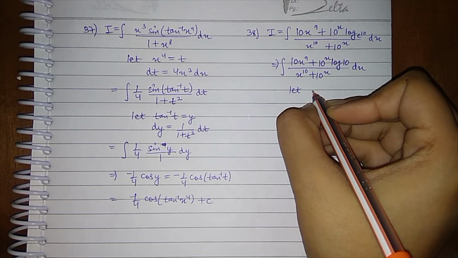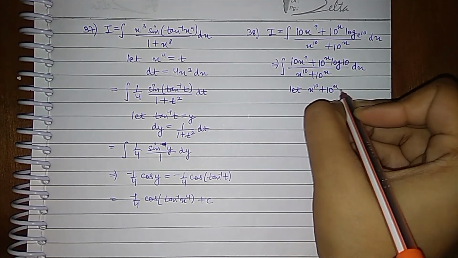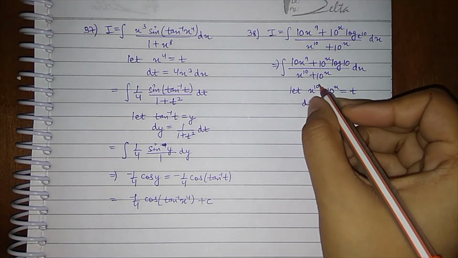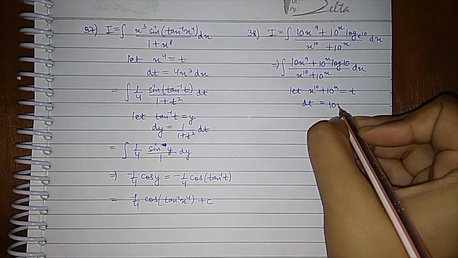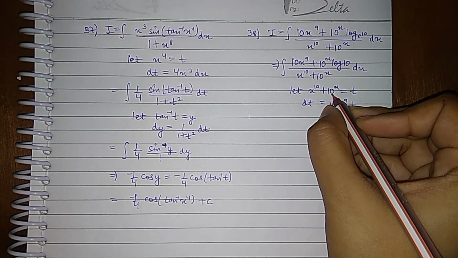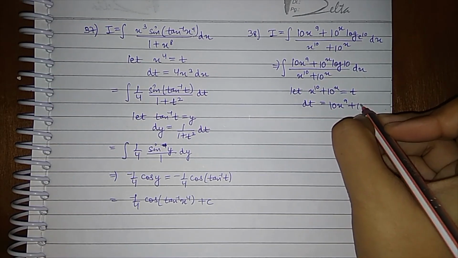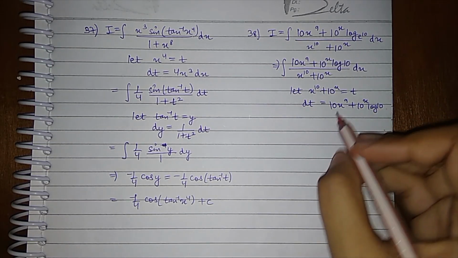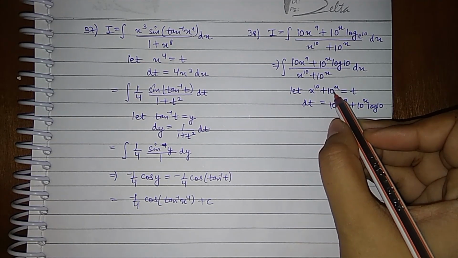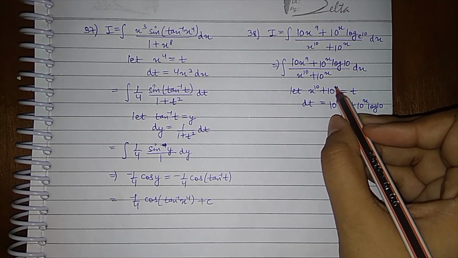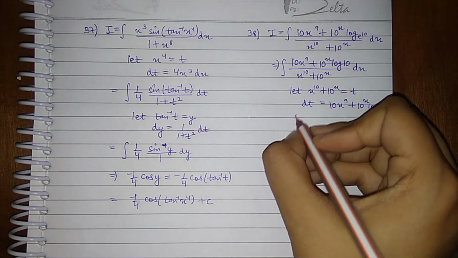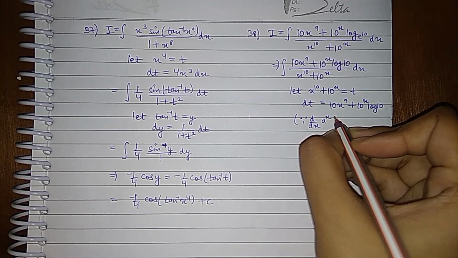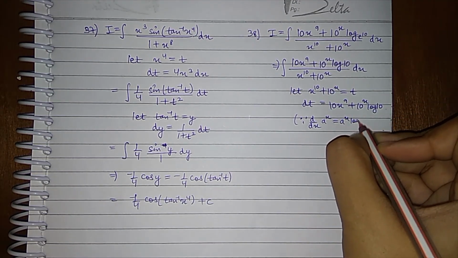Now let x to the power 10 plus 10 to the power x be t. Differentiating with respect to x, dt is equal to 10x to the power 9 plus 10 to the power x log 10, because whenever there is a constant in the base and a variable in the power, the differentiation of a to the power x is a to the power x log a.